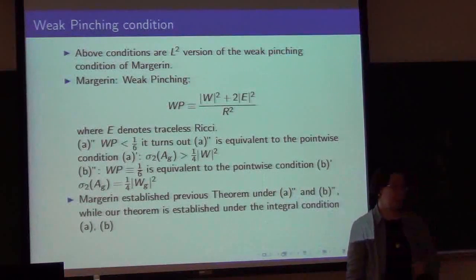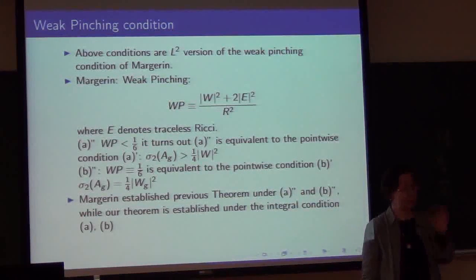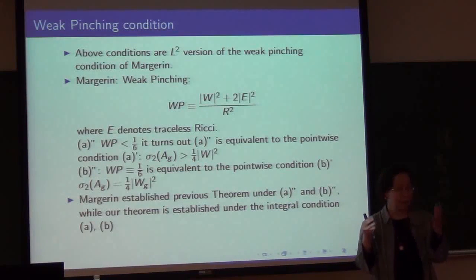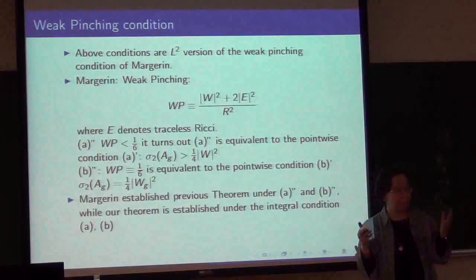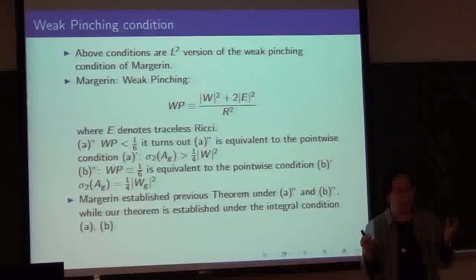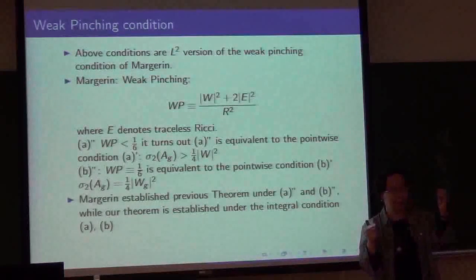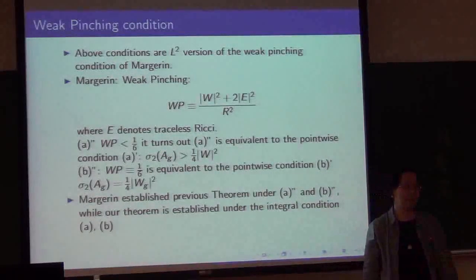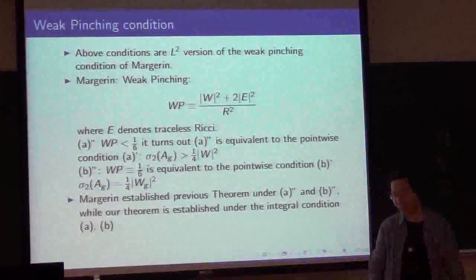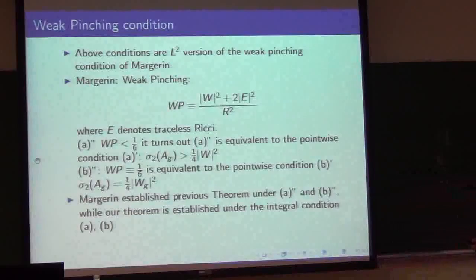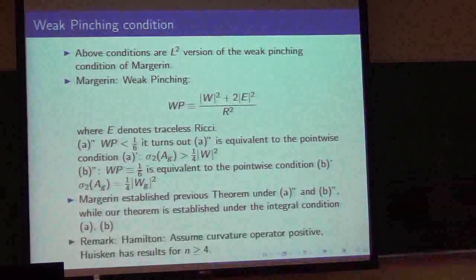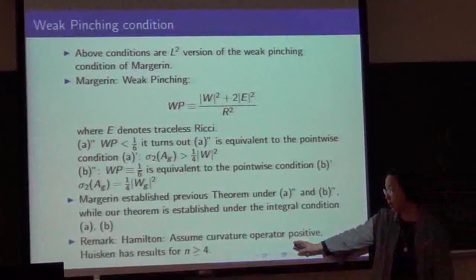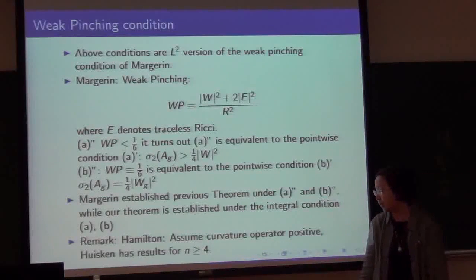And what our theorem says is you really do not need a pointwise condition. You only need an L2 condition. And since the L2 integration is a conformal invariant, using that fact you can move the metric in the same conformal class to satisfy a pointwise condition, and then you can apply Margerin's theorem. So that's essentially the proof. Let me say that this result can also be compared to Hamilton's result.